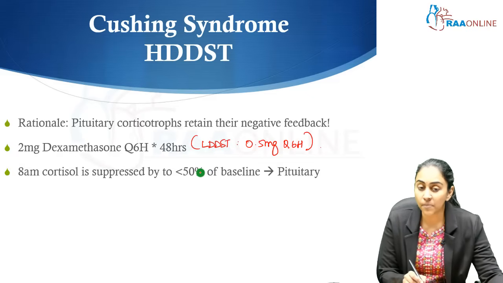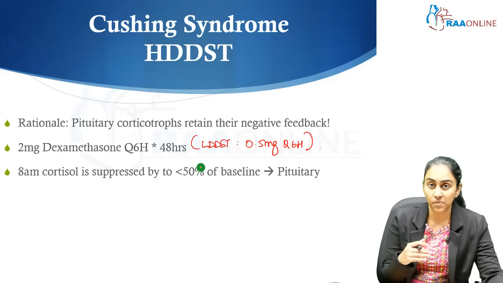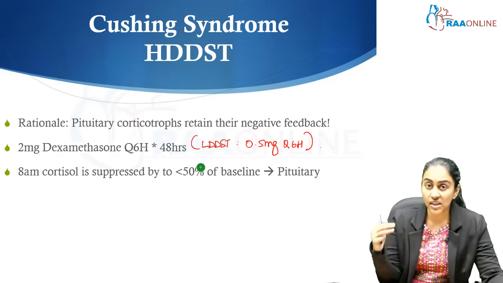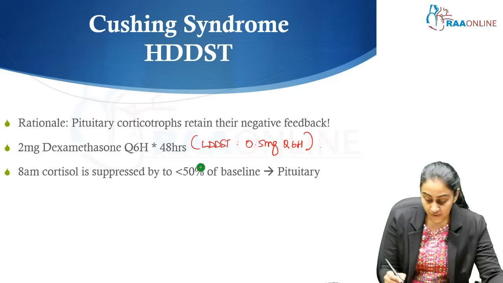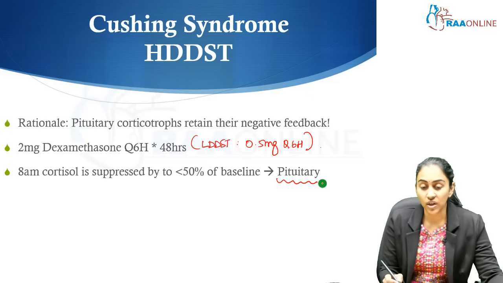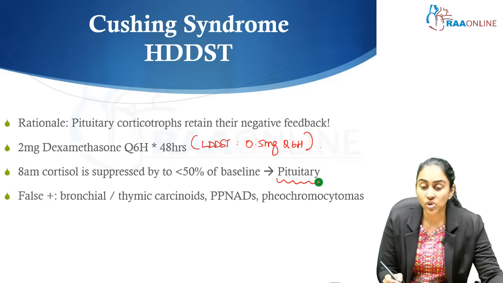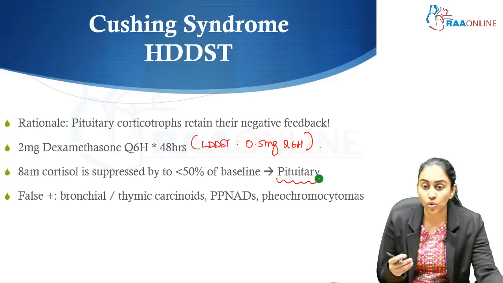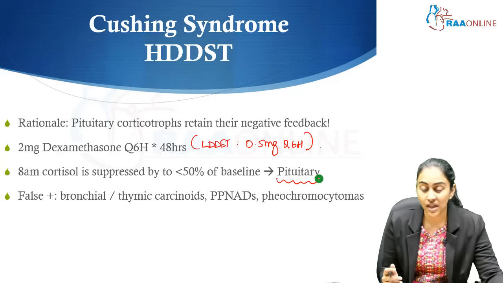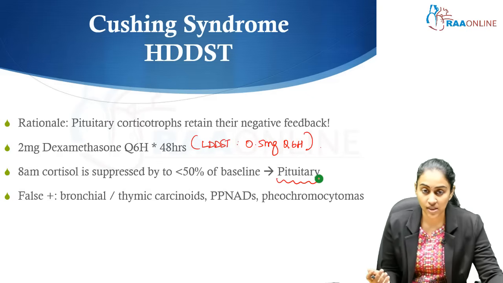If the level is less than 50% of the baseline, then you're looking at pituitary Cushing's. Suppose the suppression is inadequate, and your 8 AM cortisol is more than 50% of the baseline. In such an instance, you're looking at probable ectopic ACTH secretion.